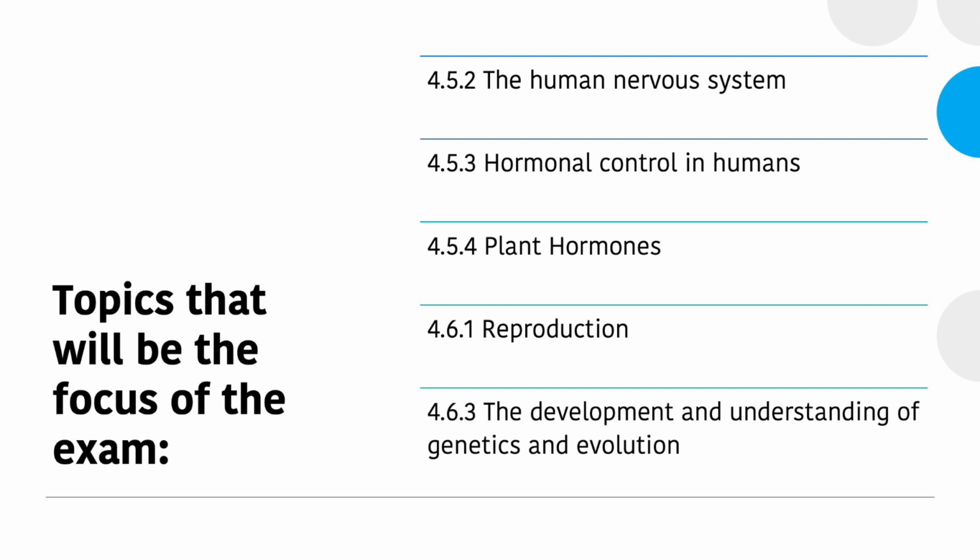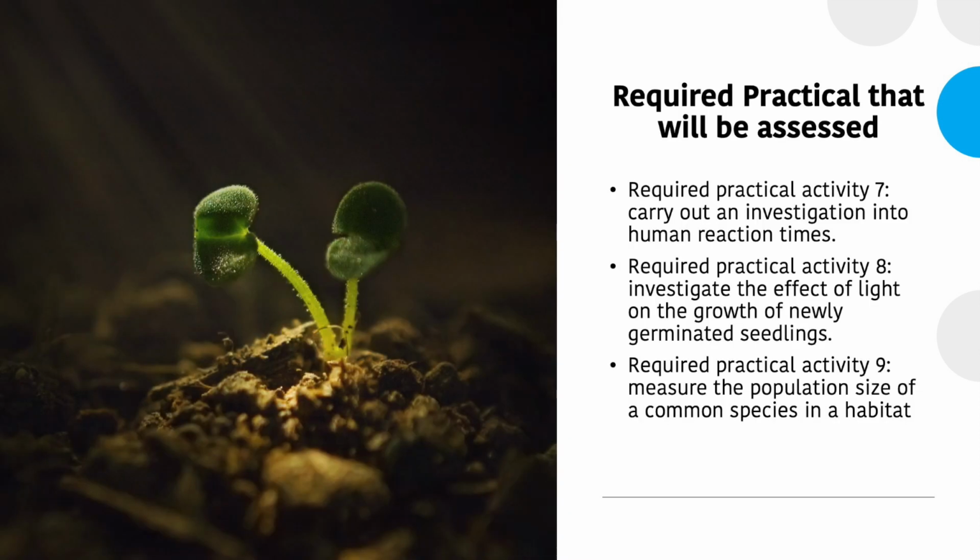The human nervous system, hormonal control in humans, plant hormones, reproduction, and the development and understanding of genetics and evolution. They've also specified the required practicals that will be assessed in paper 2.